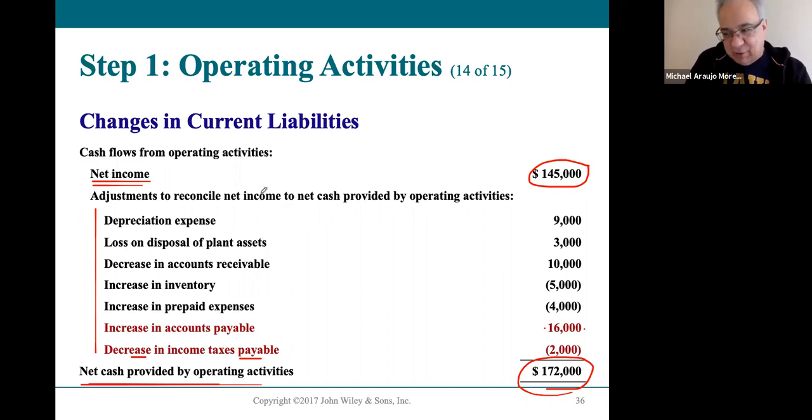Or did we save cash? So again, depreciation expense, there's no cash going out. So that's the same as cash staying in. Same thing with an increase in accounts payable. We have more cash staying in because we didn't pay that bill yet. That's the most confusing thing, but it's an interesting way of looking at business from a cash perspective.